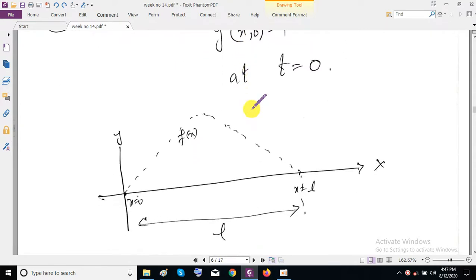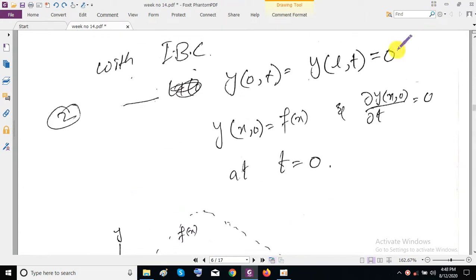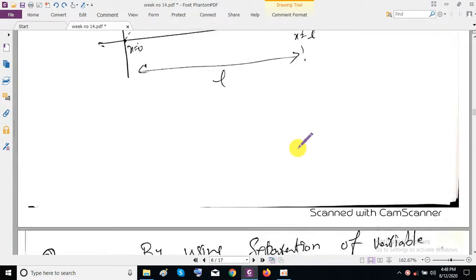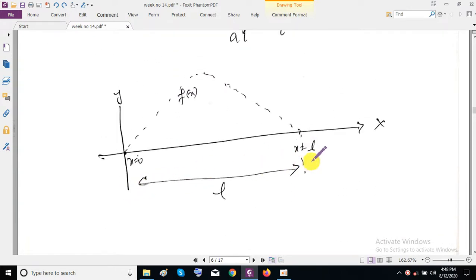Look at the first condition, it tells us that y(0,t) means x is equal to 0 at this position, the value is equal to 0, and y(L,t) means at the end, this is the length of the wire, so x is equal to L at this position.